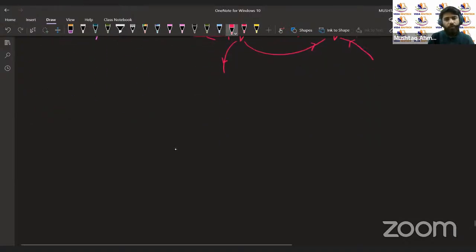Similarly, if we have two positive charges like this, plus Q and plus Q, we know that two like charges repel each other. So their electric field lines will be in such a way that the electric field lines also repel each other. So the electric field because of this plus Q charge will be like this.